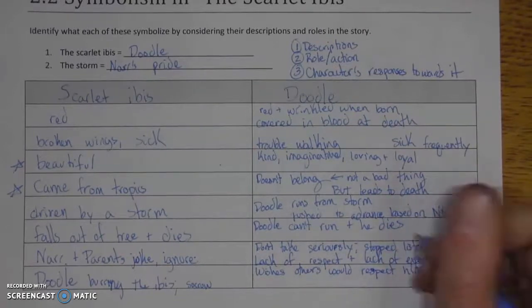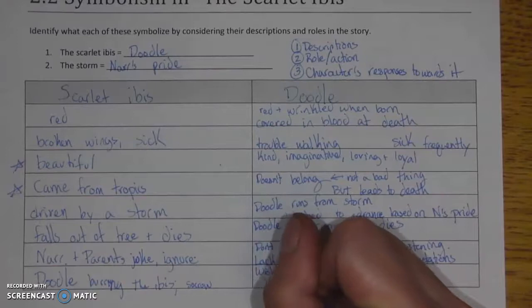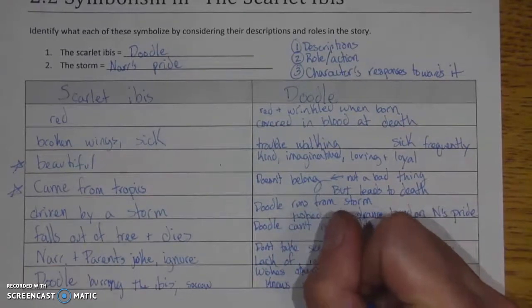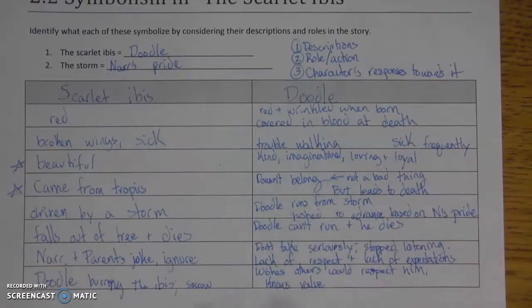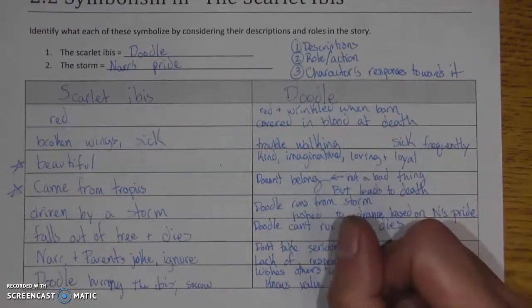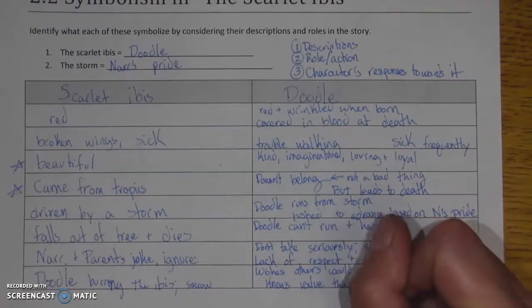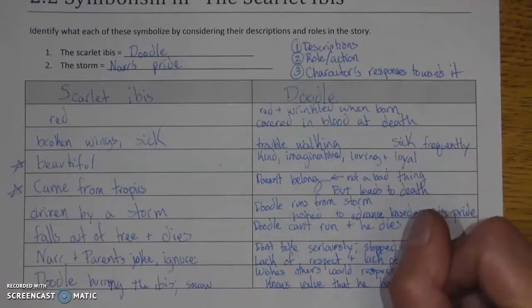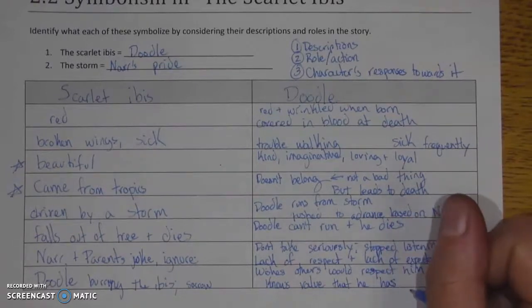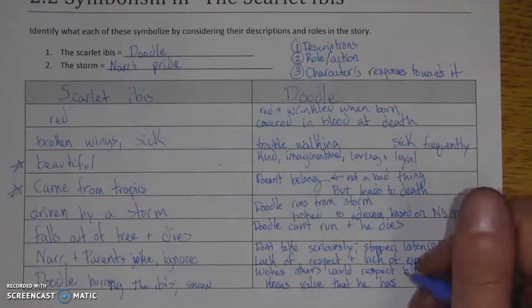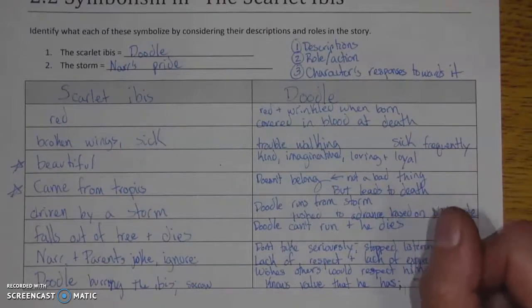And you can see that he knows the value of even this broken bird. He knows the value that he has. And that loss, that death, is still serious to him.